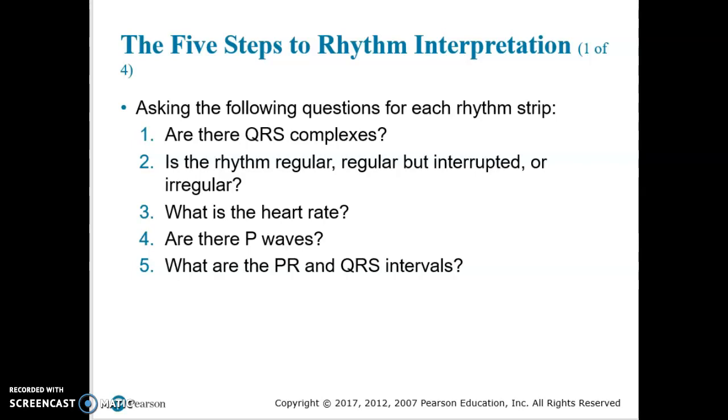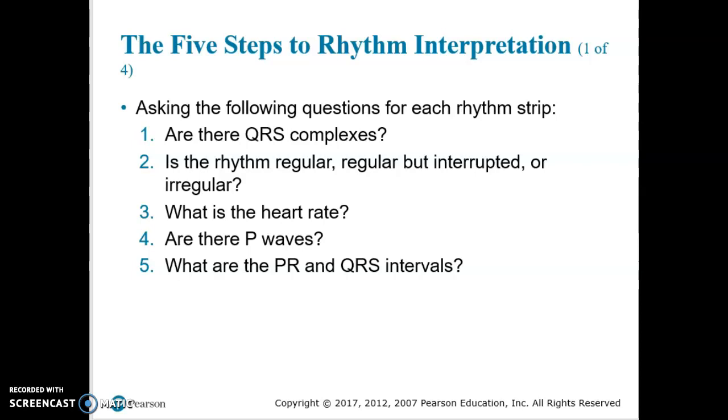So when we're given a strip, we have 5 questions. Question number 1, are there QRS complexes? So we want to look for the QRS complexes very first thing. Remember, the QRS complex represents the ventricles. It tells us what the ventricles are doing. We're looking for these QRS complexes.